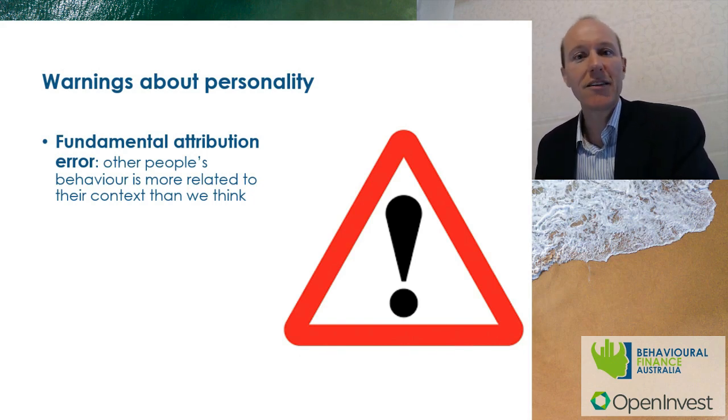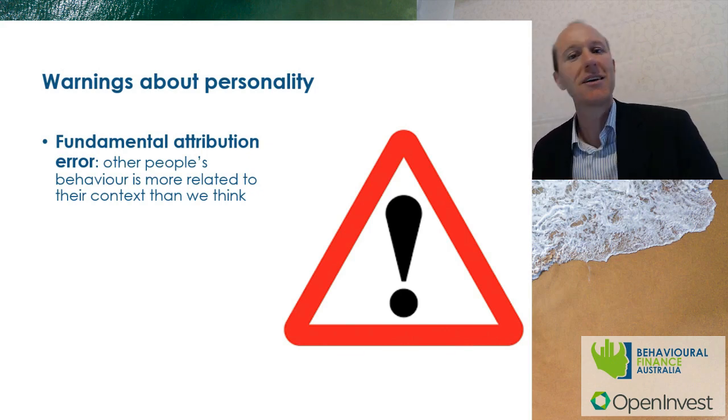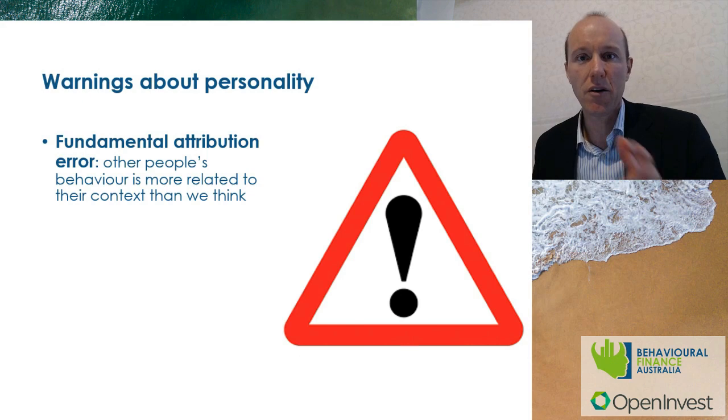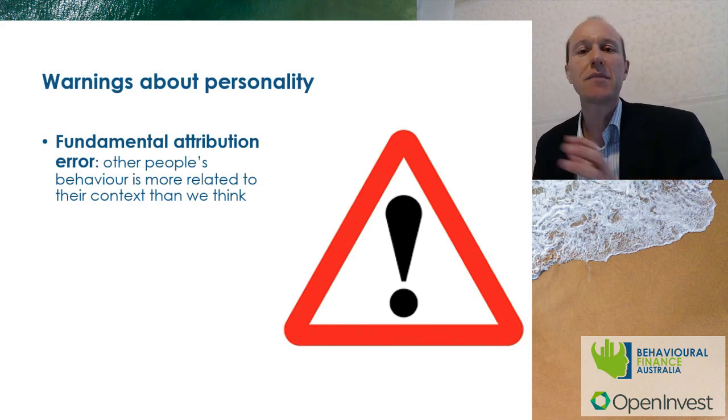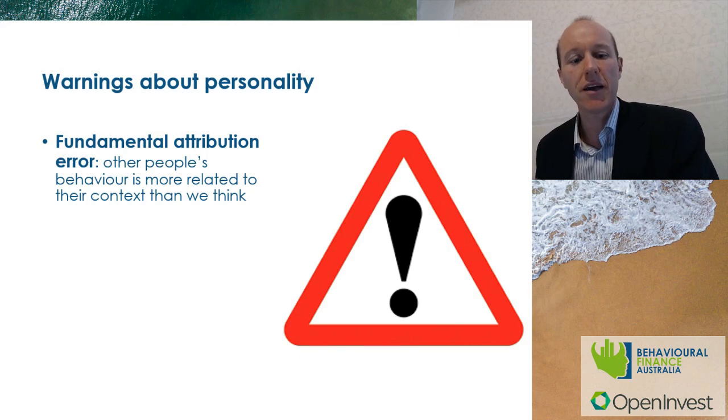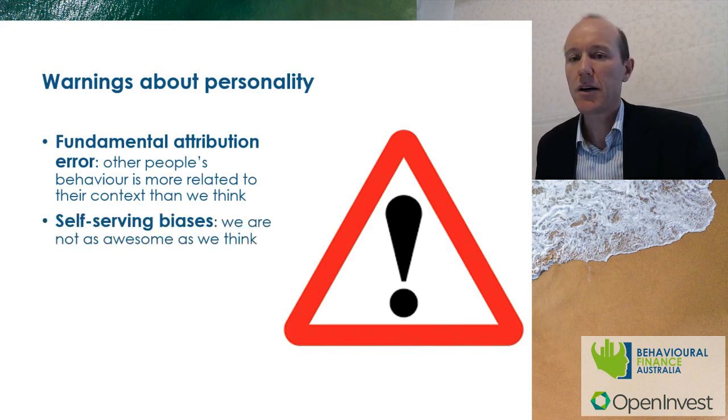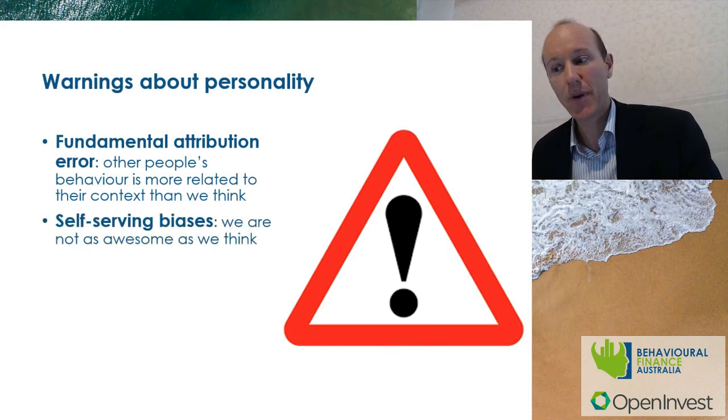Well, actually, the decision-making research will say it's more likely than we think that there are some other contextual things that influence that person's behaviour. So they were distracted by a screaming kid in the back of their car, the sun was in their eye, they didn't see the light, perhaps they had a hard day at work and they're overwhelmed with some other situation that's going on in their life. There tends to be more related to the context than we actually think. So that's one thing to think about when thinking about other people's behaviour.